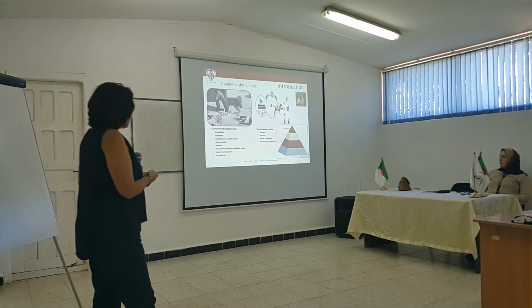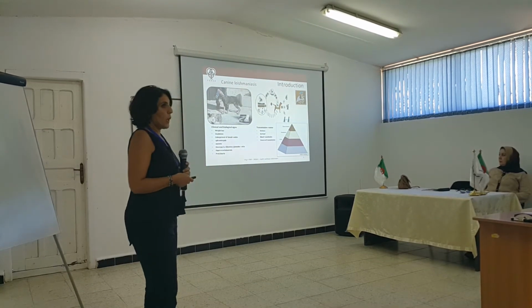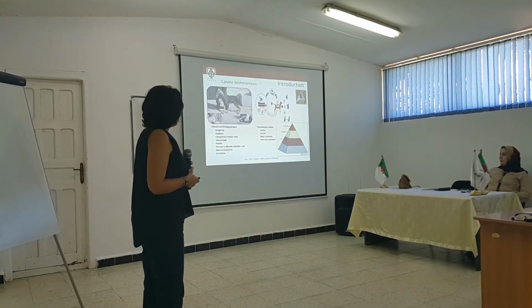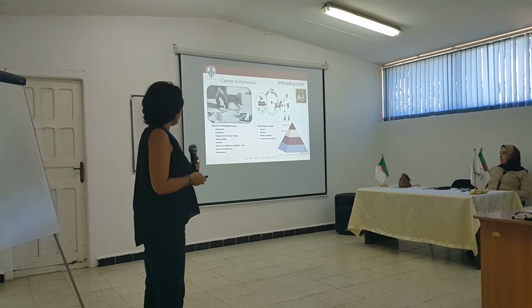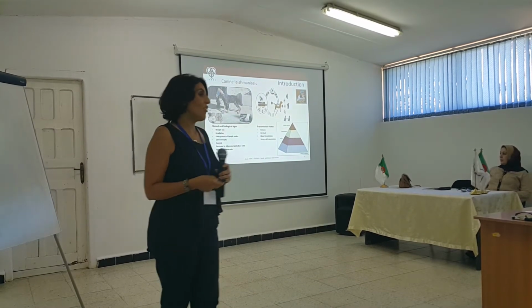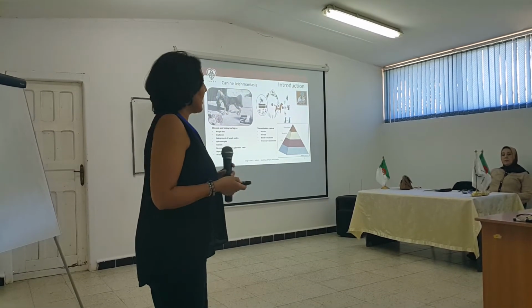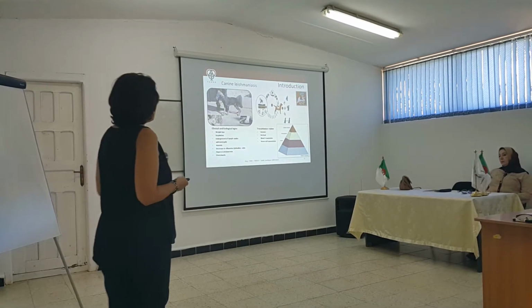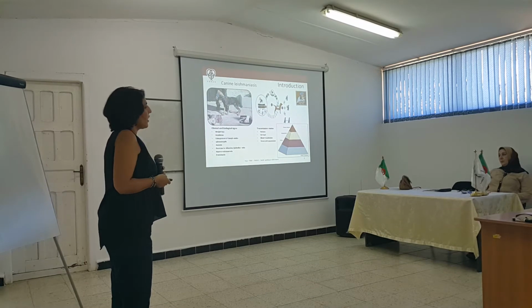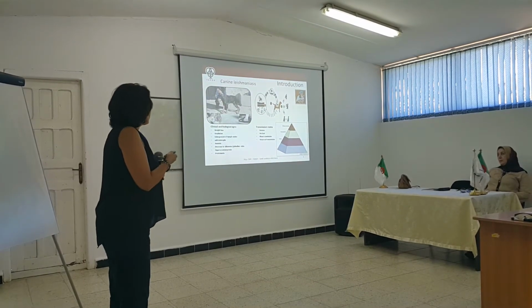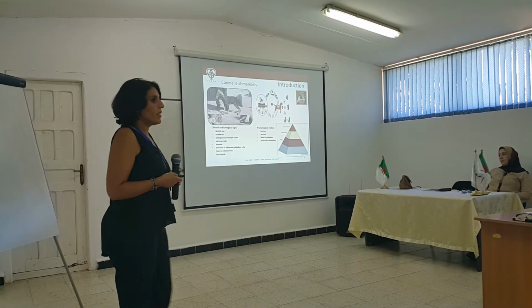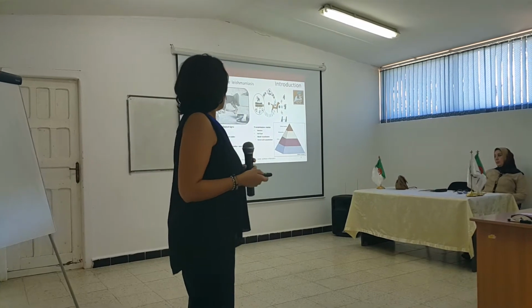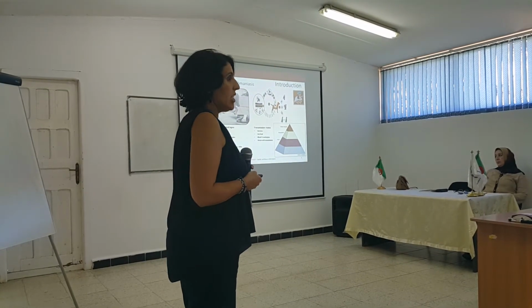This schematic presentation represents the distribution of clinical leishmaniasis in a canine population, and we have here the peak of the pyramid, which is a small subset that represents dogs with clinical disease.